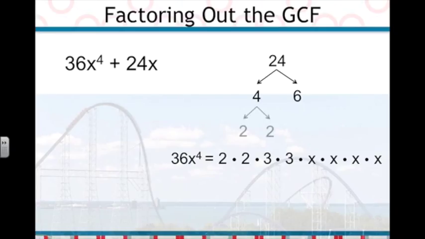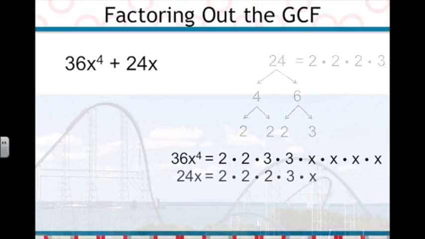The 4 factors again into 2 times 2, and the 6 factors into 2 times 3. So we can write 24 as 2 times 2 times 2 times 3. Now we can write the second term, 24x, in its factored form: 2 times 2 times 2 times 3 times x.